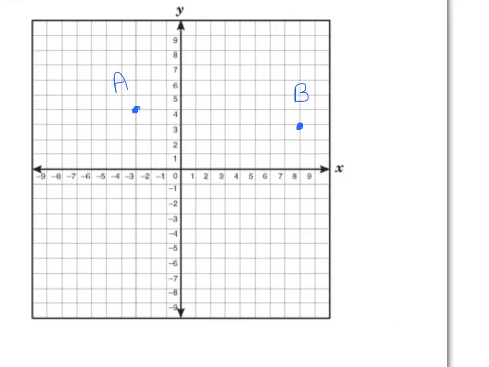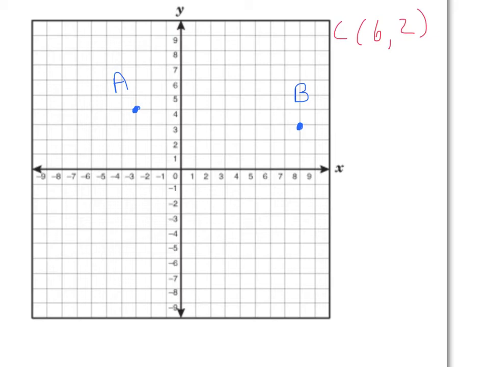Earlier I had mentioned that the origin has an ordered pair of 0, 0. And an ordered pair gives the coordinates and location of a point. Let's take point 6, 2. And we'll label this point C. And this will give me the location of where point C is located on the coordinate plane.